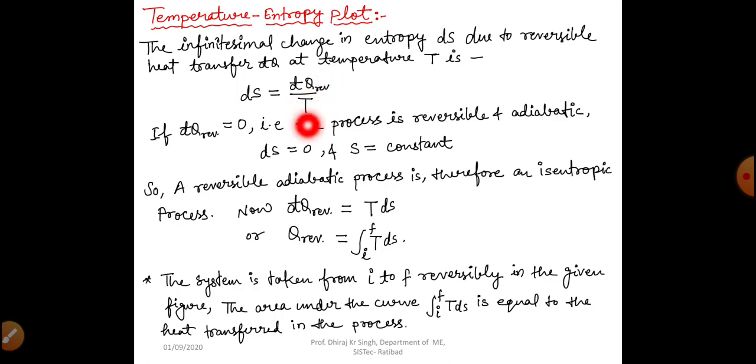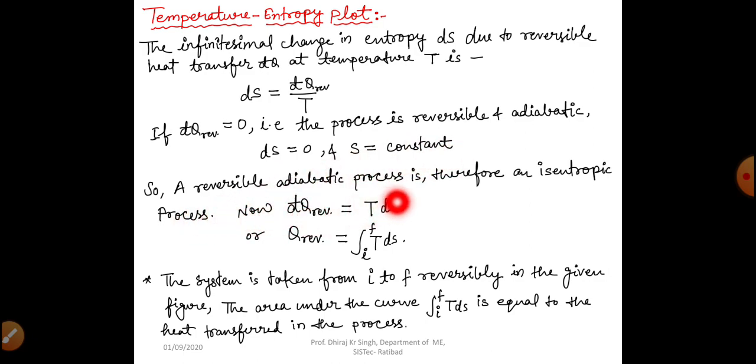This expression dS equal to del Q reversible by T we have got from the second law of thermodynamics by the help of entropy. If del Q reversible is 0, that means the process is reversible and adiabatic. When a process is reversible and adiabatic, the change in entropy is 0, so entropy becomes constant.